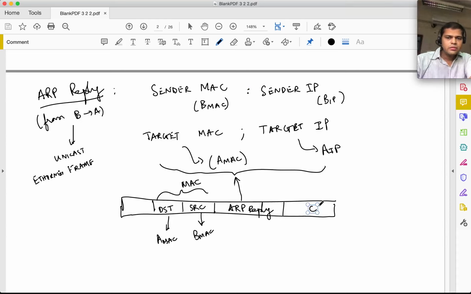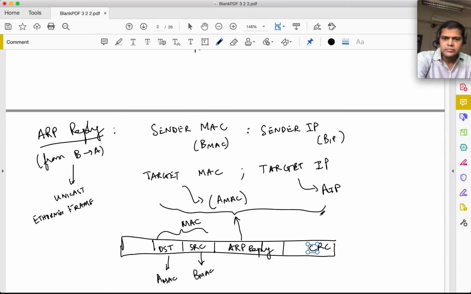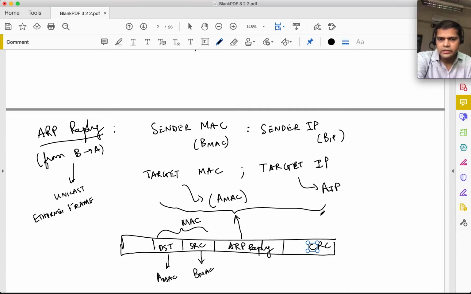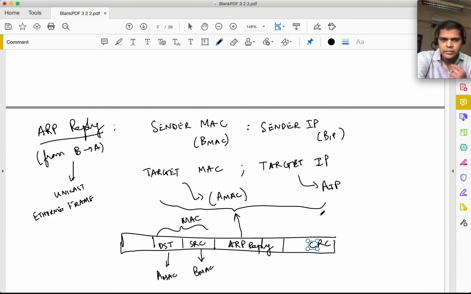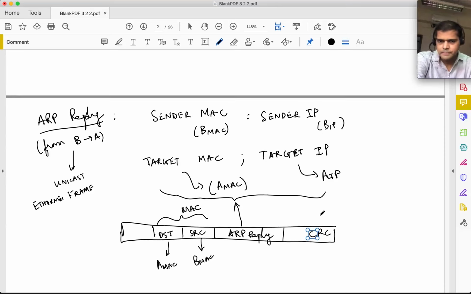So this is how A learns about B's MAC address. It's a relatively intuitive mechanism. You don't have the information you want, so you just broadcast a packet, this ARP request. Everybody receives it and only the concerned person replies with his MAC address.